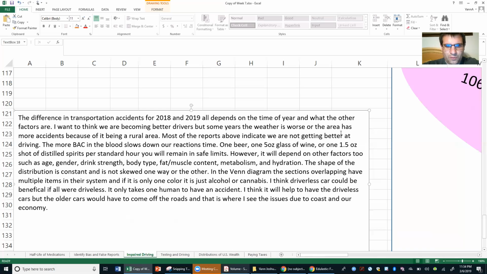It only takes one human to have an accident. I think it will help to have driverless cars, but the older cars would have to come off the roads, and that is where I see issues due to cost and our economy.